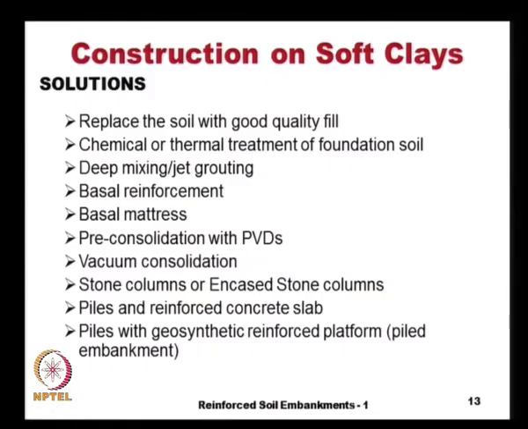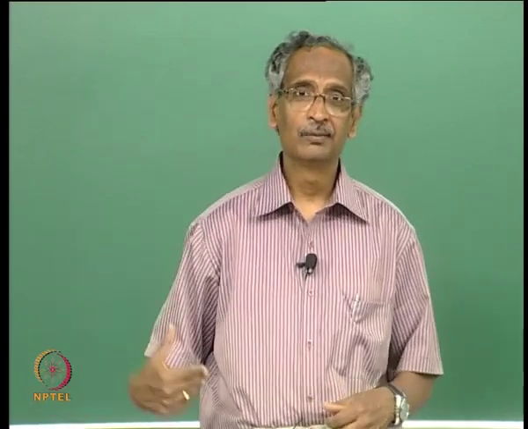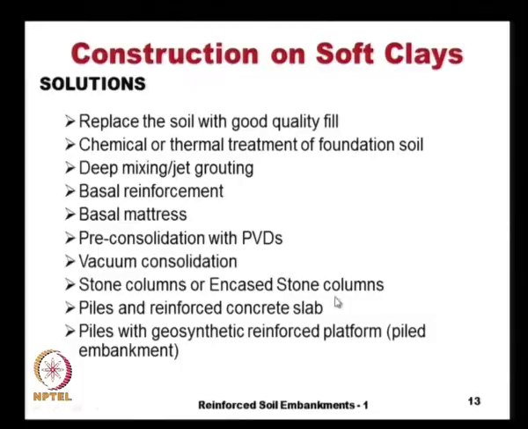We can have piles with reinforced concrete slab, which is by far the most expensive one, because we know that concrete is much more expensive than using just soil alone. Or we can go in for piles with the geosynthetic reinforced platform.